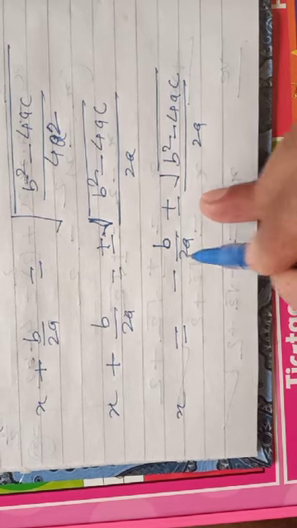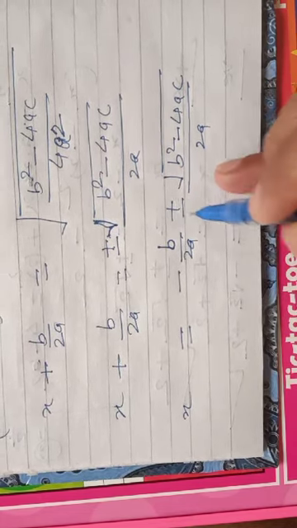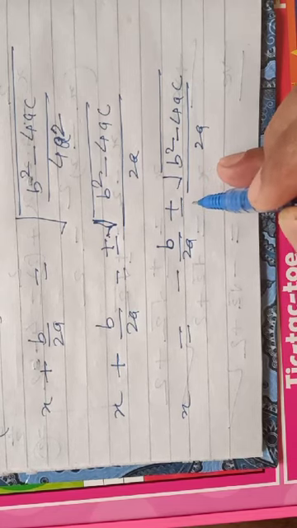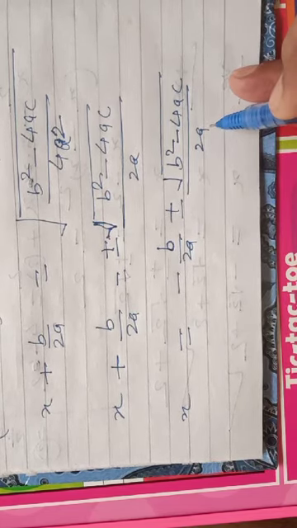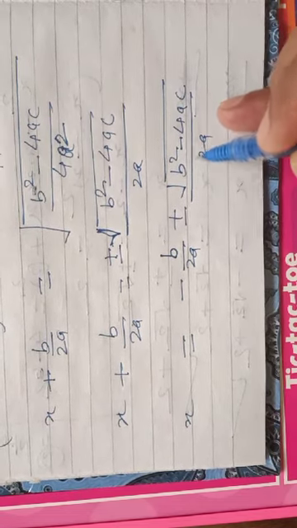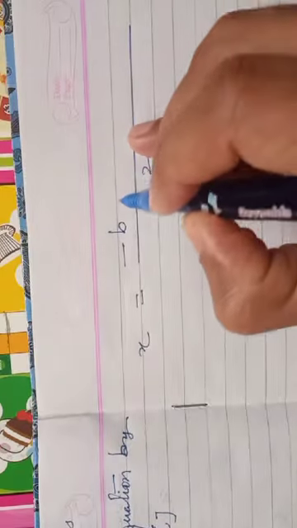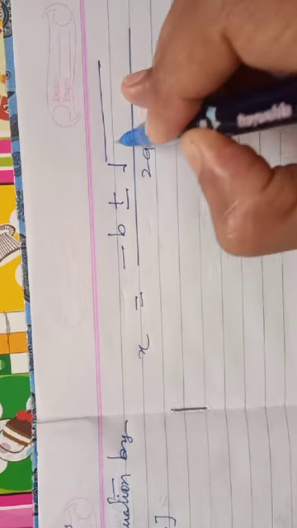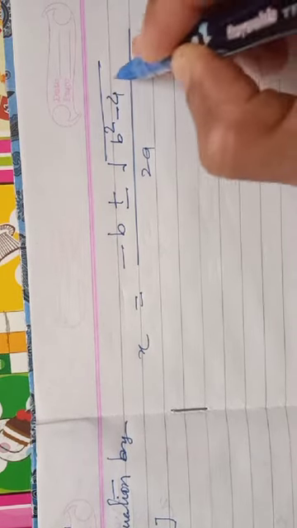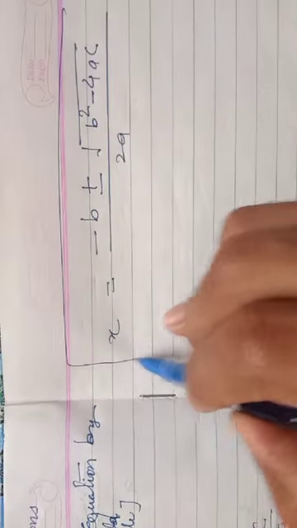How? 2a ones are 2a, so you should multiply minus b by 1, so minus b, and there is plus minus, and then you divide 2a by 2a, that will also be 1 time, so you multiply by 1 the value under root b square minus 4ac. So the same value will come here, plus minus under root b square minus 4ac. That is your formula.